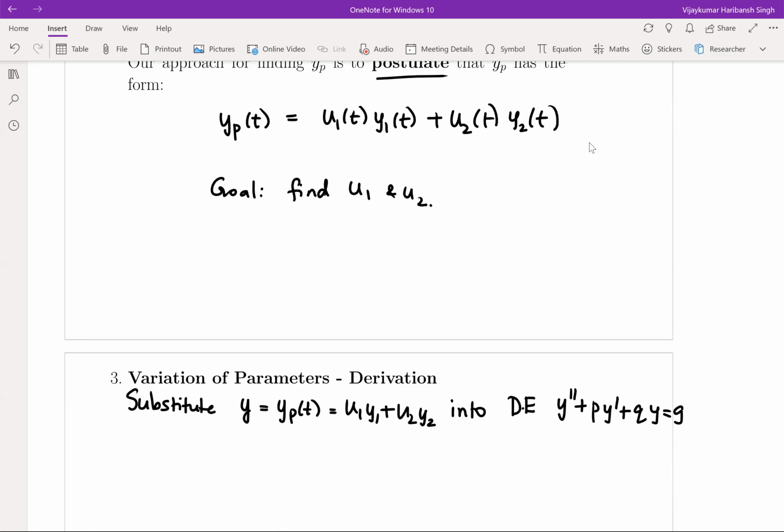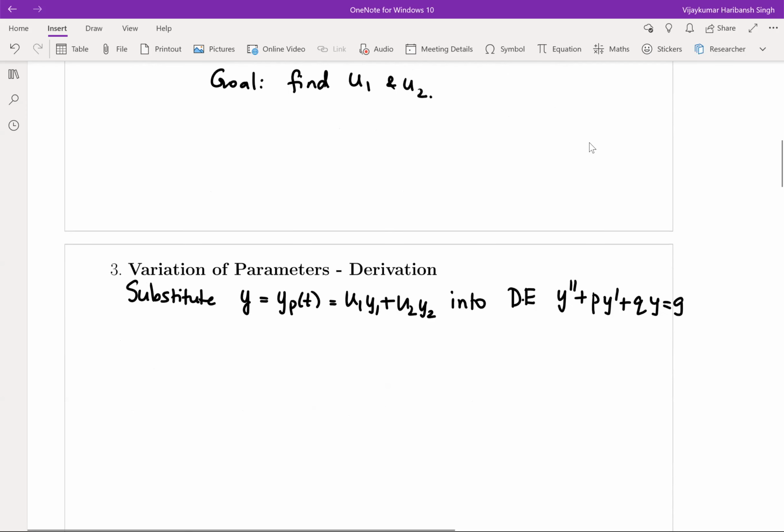Note that these y, p, q, and g are functions. So now we want to substitute them in this differential equation, so we need to find the derivatives.